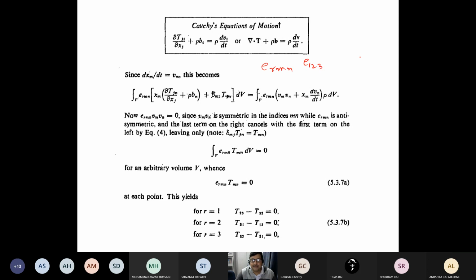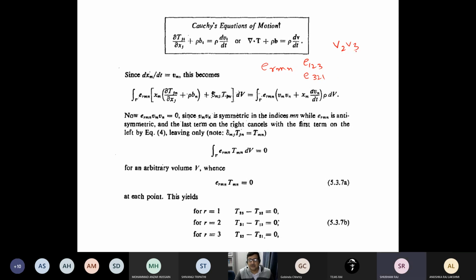What should be my V_m? V2 into V3, V2 V3, right? And suppose you have another, 3,2,1. When you have 1,2,3, you also have 3,2,1, correct?